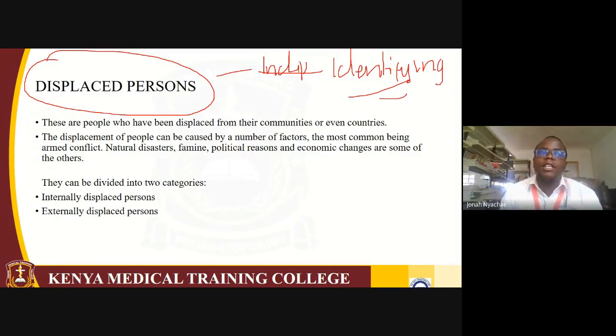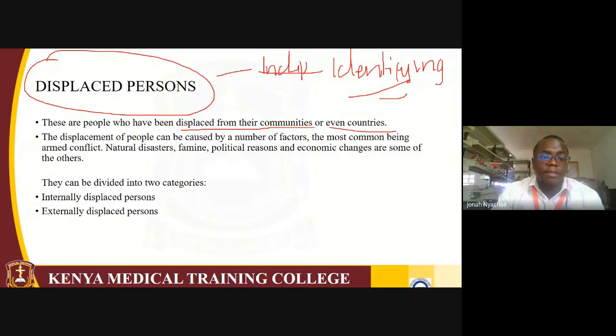So far we have seen the abandoned children or children in need, the elderly, the chronically ill, and now we're talking about displaced persons. These are people who have been displaced from their community or even countries.